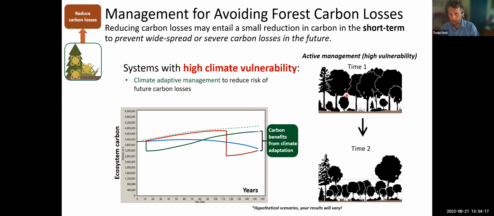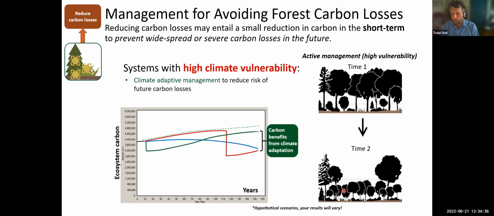And I'm showing that here with a depiction of what the creation of a gap might look like in a forest, where we remove some vulnerable species to create an opening in the canopy, and then that allows for regeneration.